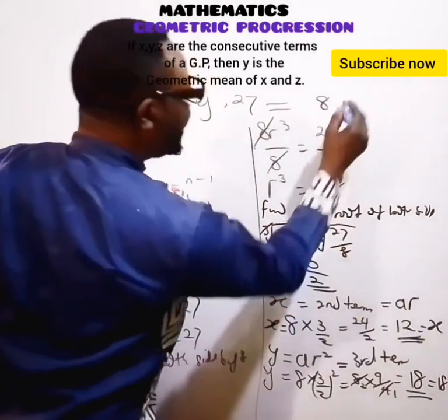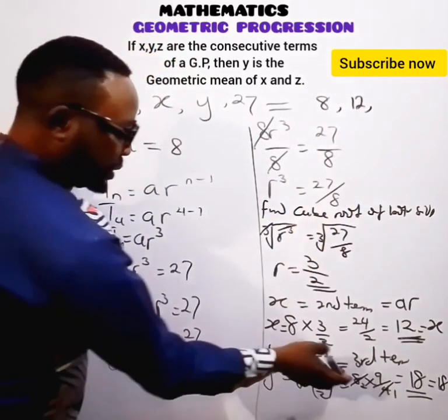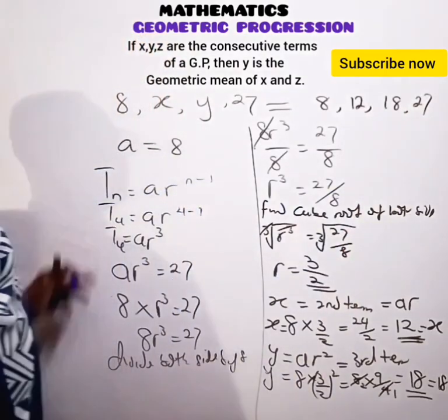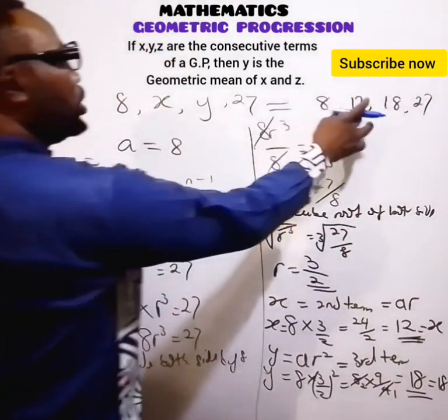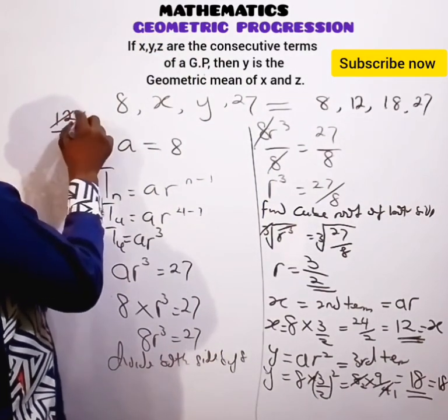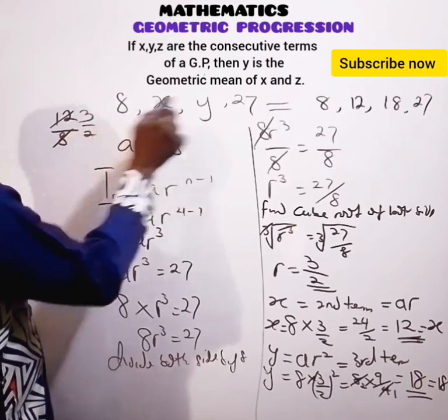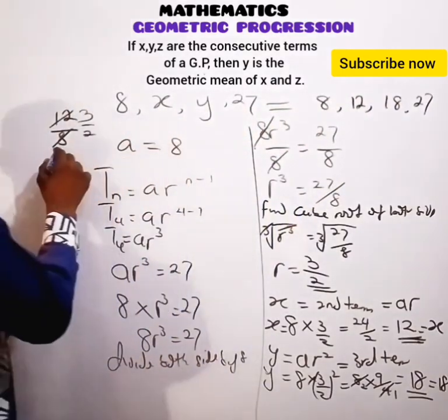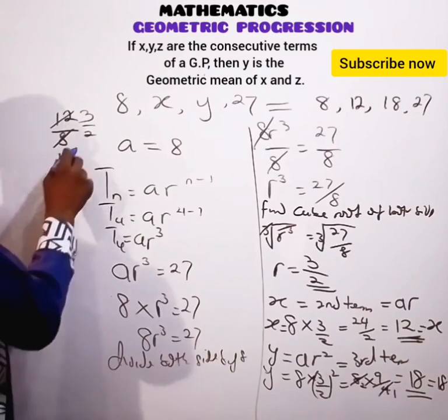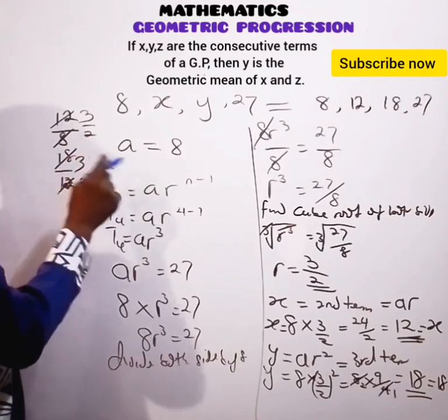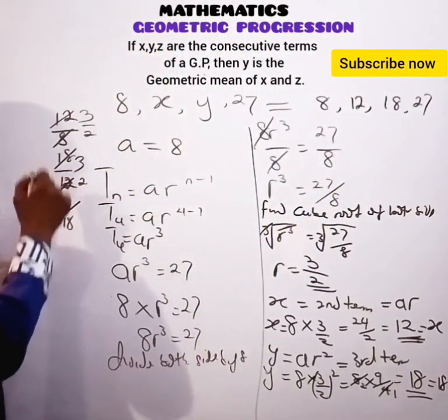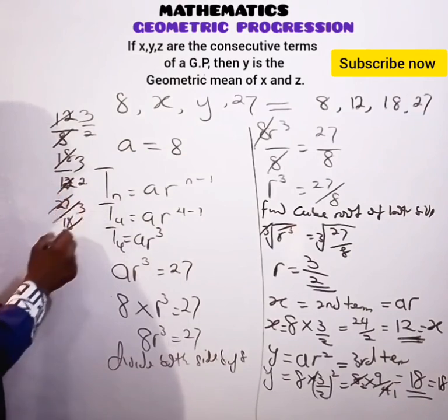Which means that this expression has become 8, what is the x? 12, 18, and 27. Let's check the common ratio. 12 over 8 will be equal to, 4 here 3, 4 here 2. 18 over 12 will be equal to, let's look at 6 now. 6 here 3, 6 here 2. 27 over 18 now. 9 here 3, 9 here 2.